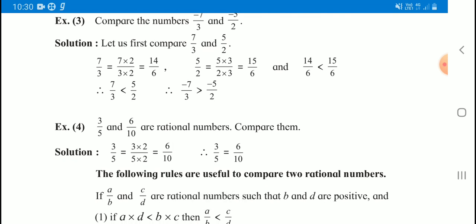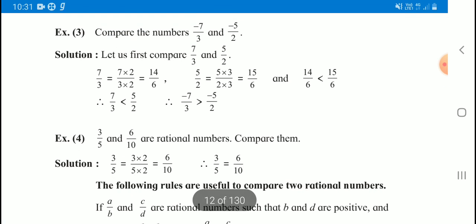For that we have to find the LCM, or the common number between the tables of 3 and 2. The common numbers in these two tables are 6, as well as 12, 18 also. But we will take the first number which occurs.